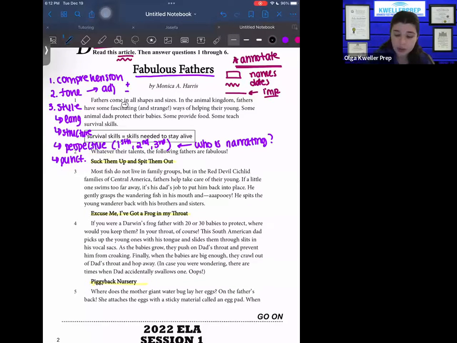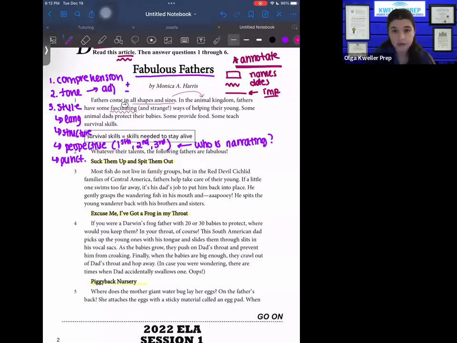So looking at just this first paragraph, first, we see that the way it opens up is "all shapes and sizes." And then it transitions to "in the animal kingdom." So we understand now that we're not just talking about human fathers. So it gives us a direction. And then we notice some positive words, right? "Fascinating" is a positive adjective.